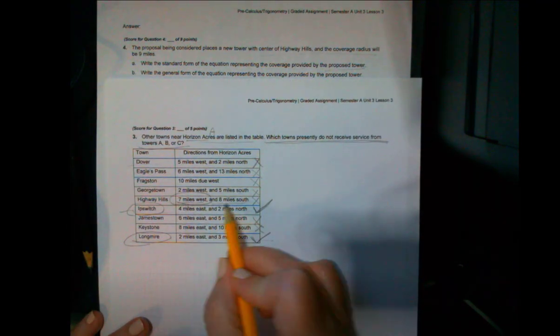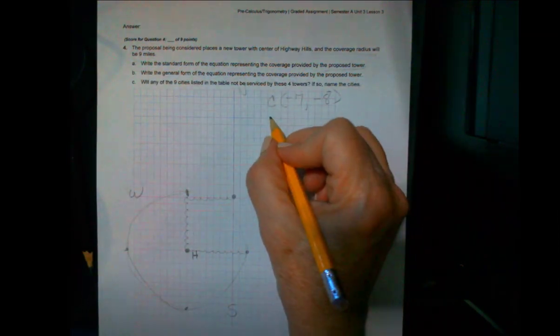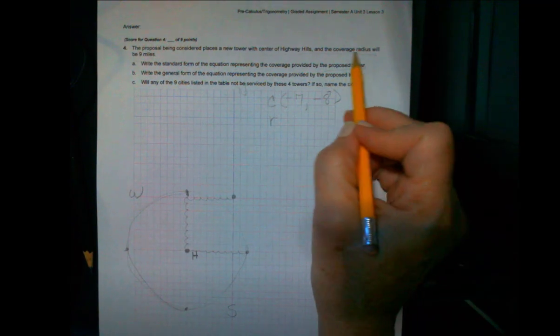We got that from the previous questions: 7 miles west and 8 miles south. Okay, and the radius, it tells us right up here, is 9 miles.